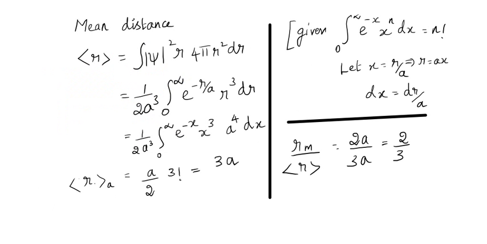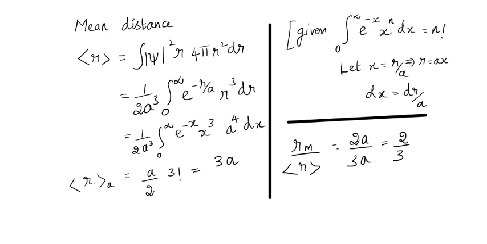So now we have to calculate the mean distance. For that, the formula is the integral of psi star r psi d tau. For the small elemental volume d tau, we are substituting 4 pi r squared dr. Substituting the value of psi and r, we have r into r squared, so we get r cubed.